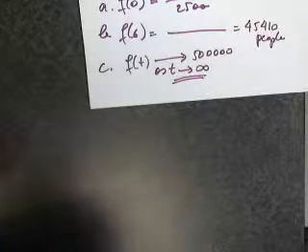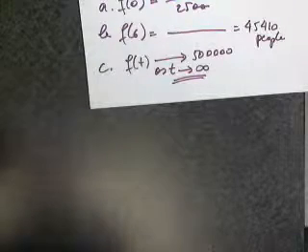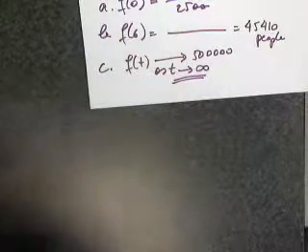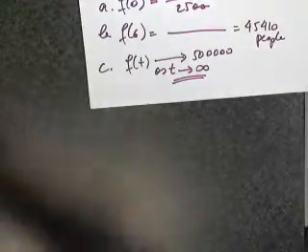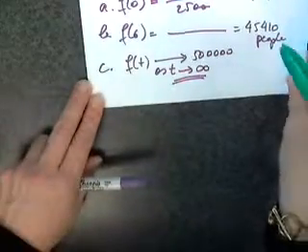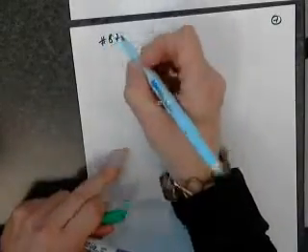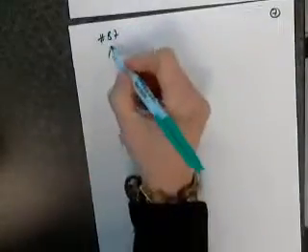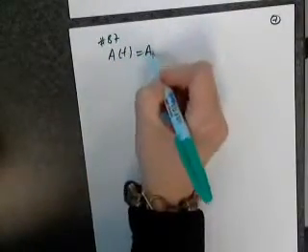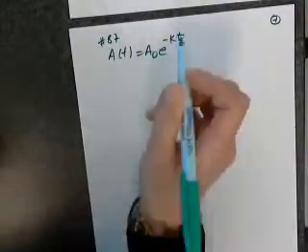Yes, I want to look at the exponential decay problem as well. Number 87. Same page. Use the exponential decay model A of t equals A0 e to negative kt.